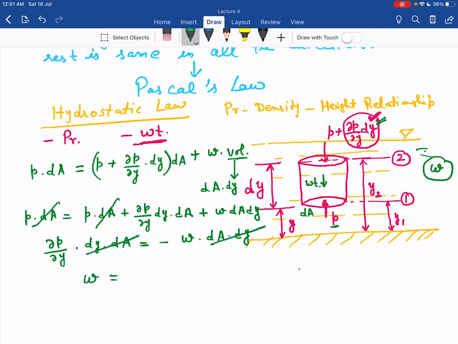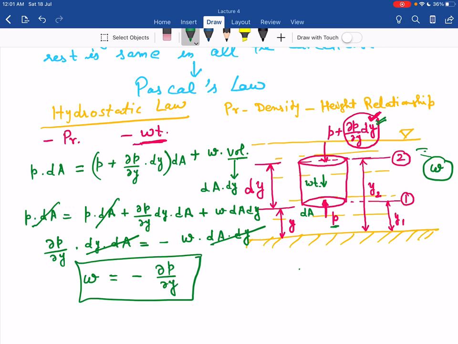So W is equal to minus ∂P/∂y. Okay, so that means the specific weight is equal to the rate of change of pressure intensity along the y direction.